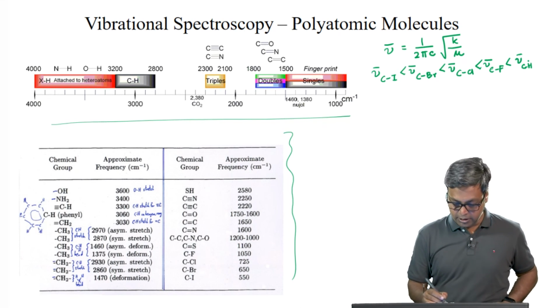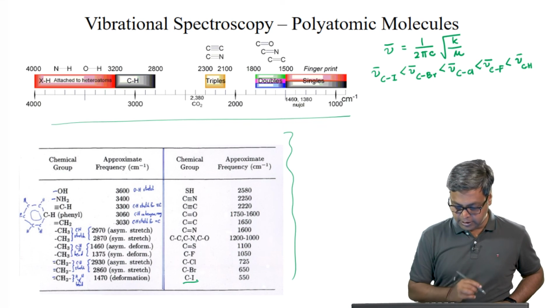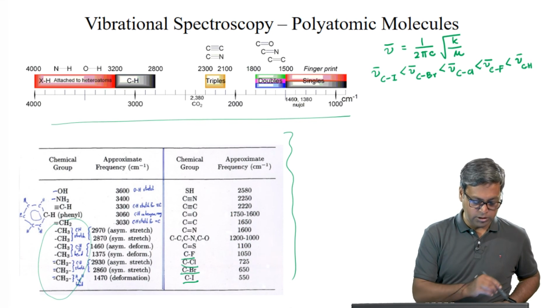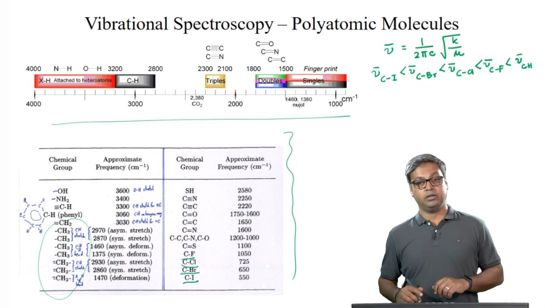So, we can see here the C-I is the least, then we have C-Br, C-Cl, C-F and the C-H are at much higher frequencies.